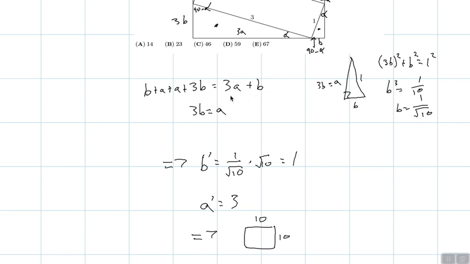If you plug that in here, 3 times a prime is 9 plus 1 is 10. So the scaled up square is going to have side lengths of 10.